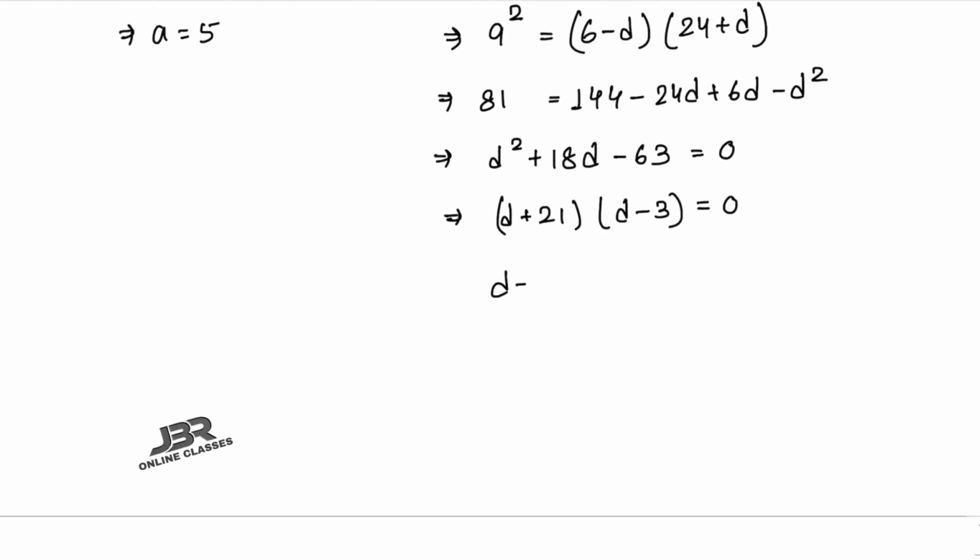So either d equal to minus 21 or d equal to 3. Okay, so when a equal to 5 and d equal to 3, so here the numbers are 2, 5, 8. When a equal to 5, d equal to minus 21, so the numbers are here 26, 5 and minus 16.